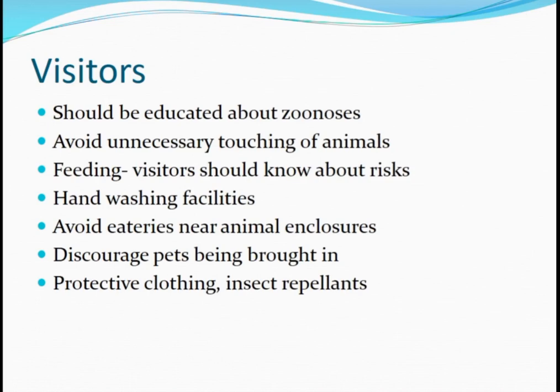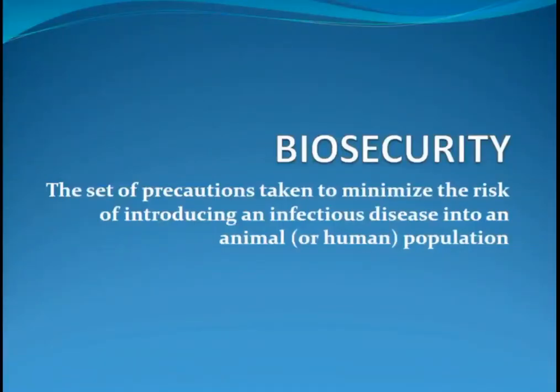Pets should not be brought into the zoo, because they can come into contact with various diseases. Protective clothing and insect repellents have to be encouraged for zoo visitors also.